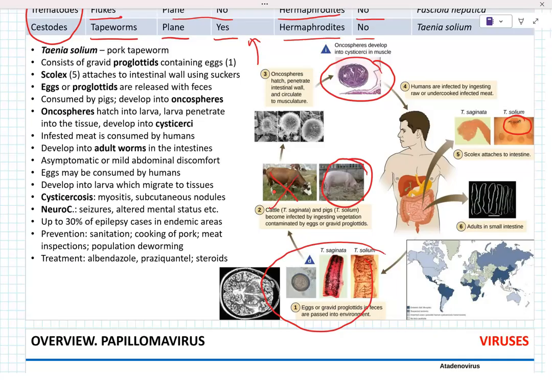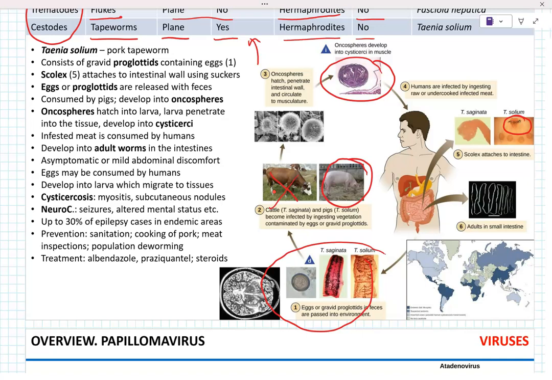And he was right. So when these hundreds of thousands of eggs come out with poo, when you flush, some of them aerosolize. They end up everywhere, including your hands and so on and so forth. You carry them out in the field, pigs eat it, blah, blah, blah. The cycle continues.